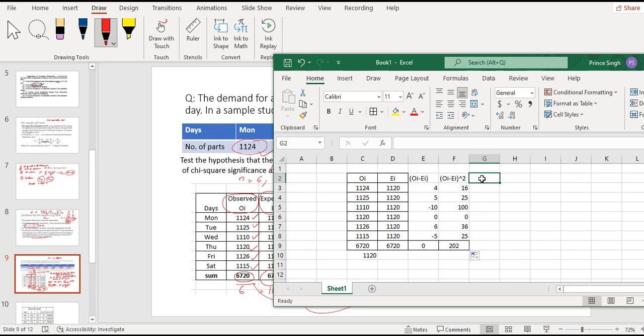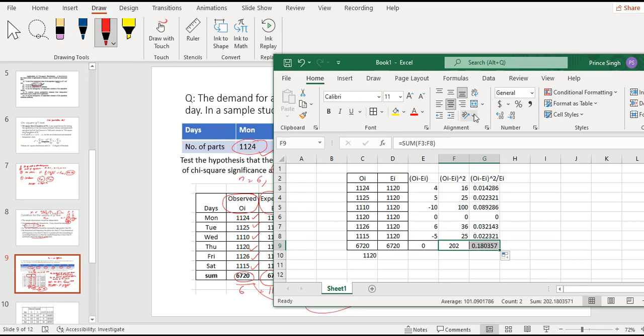I need the value of observed frequency minus expected frequency, squared, divided by the expected frequency. This is the formula of the test statistic. It means I am going to divide this value by the expected frequency, right? Now we calculate this term and sum up all these terms. Its sum comes out to be 0.180357.